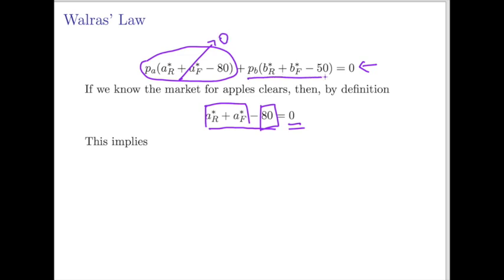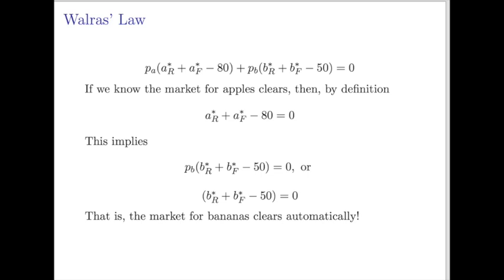Then the second term has to equal 0 as well, because when we add them together, we get 0. Remember, bananas can't be free, so PB isn't 0. So if PB times excess demand for bananas is 0, and PB isn't 0, it has to be that excess demand for bananas is equal to 0. Which means that the market for bananas clears automatically.